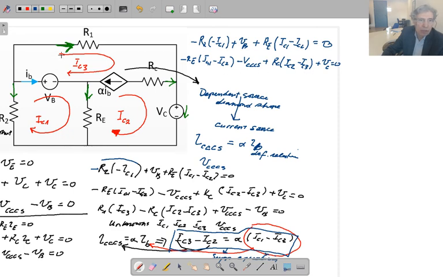So the last one has got four elements once again. So this one, for example, minus VB. And that R1 direction is the same as IC3 direction. So the sign is going to be plus R1 times R1 currents in terms of mesh currents equal IC3.